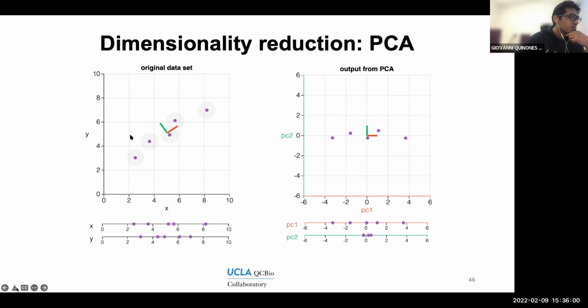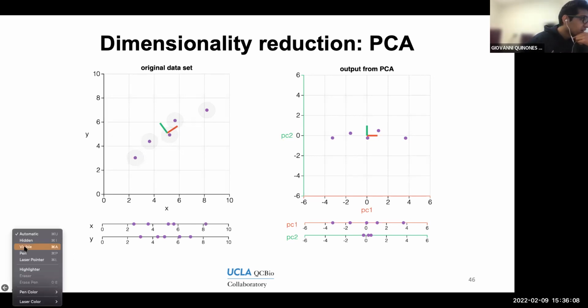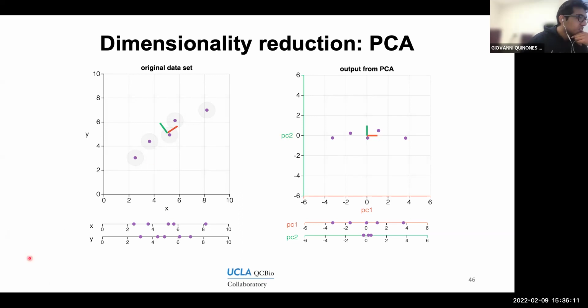If we look at these projections, what are the values on the y-axis and what are the values on the x-axis? Let me change to a laser. We show these projections over here, and we see that it's somewhat similar, right? The spread of points is actually similar across the 2 axes.